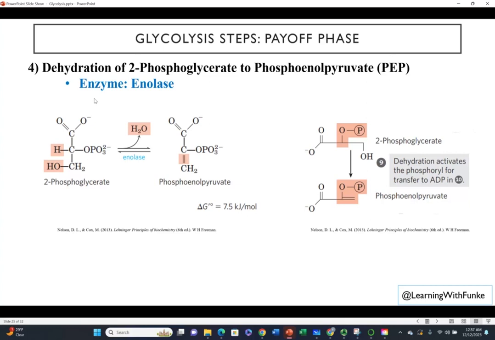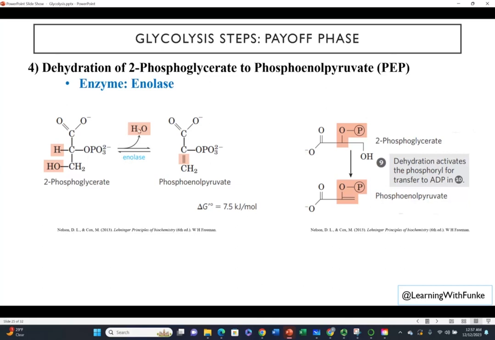And for the second to the last step of the payoff phase, now we have a dehydration reaction where we go from 2PG, 2-phosphoglycerate, to PEP. This dehydration is important to activate the phosphoryl for transfer to ADP in the last step, where we would eventually make pyruvate. Here you see it's catalyzed by the enzyme enolase, right?